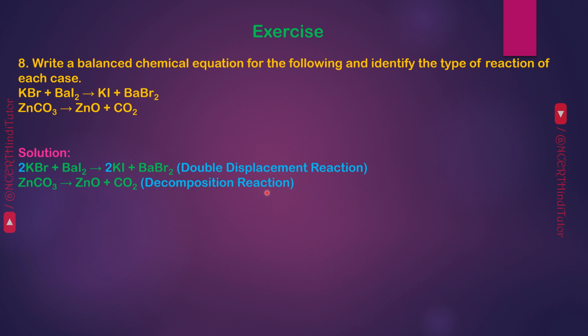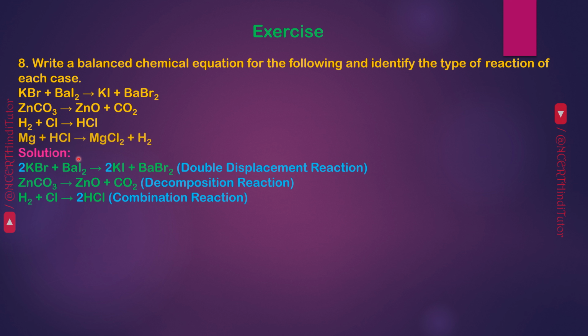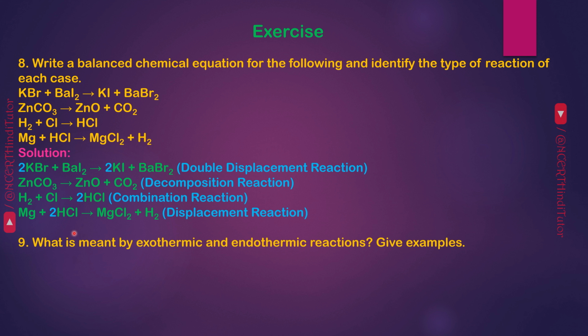Decomposition reaction. Hydrogen plus chlorine gives hydrogen chloride. Answer: H2 plus Cl2 gives 2HCl. Combination reaction. Next, magnesium plus hydrochloric acid gives magnesium chloride plus hydrogen. Answer: Mg plus 2HCl gives MgCl2 plus H2. Displacement reaction.